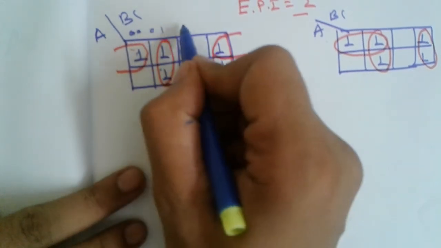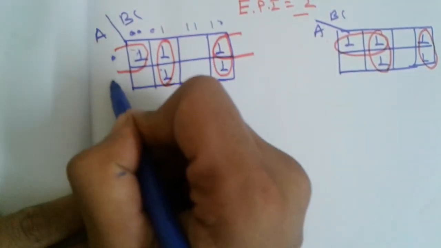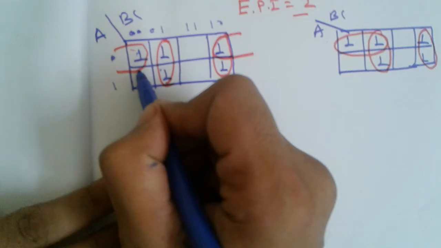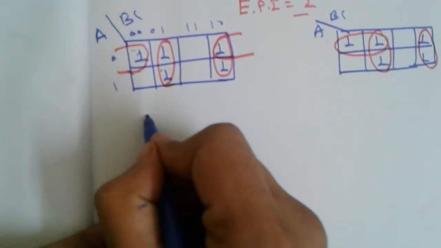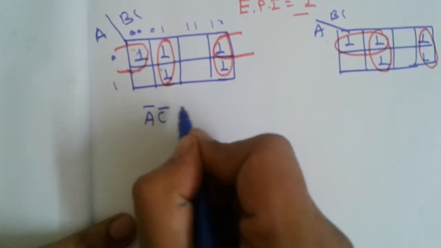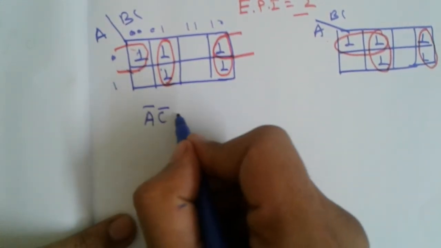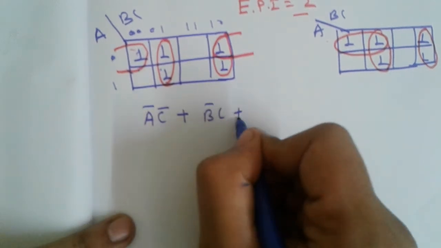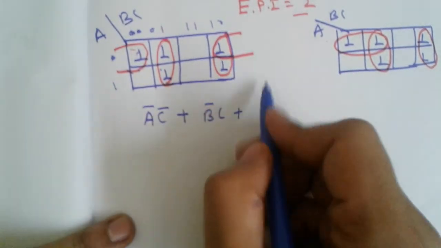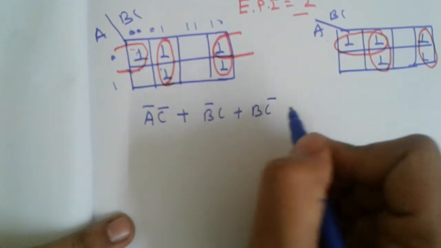Here 0 0, 0 1, 1 1, 1 0, 0 1. So for this pair we have a bar c bar, plus for this we have b bar c, plus for this one we have b c bar.